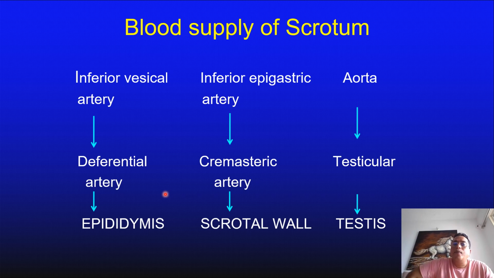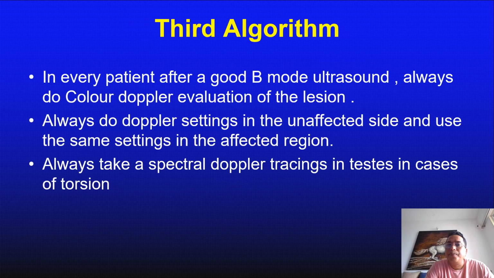But mind you, whenever you are evaluating a scrotal ultrasound in testicular cases, it's always the intraparenchymal flow where we are going to take a spectral tracing to see whether this testis is ischemic or not. Then a third important algorithm is that you should never conclude your examination without switching on color.